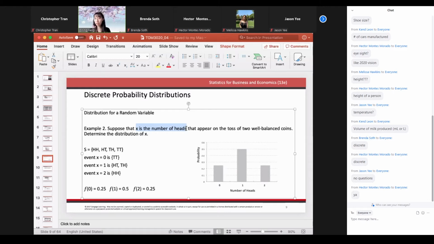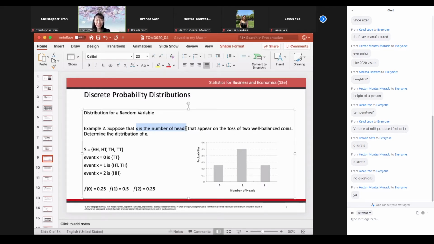So when I have 2 coins, coin 1 and coin 2, I toss the coins and I want to count how many heads I get. In this situation, what are the possible values that x can take?